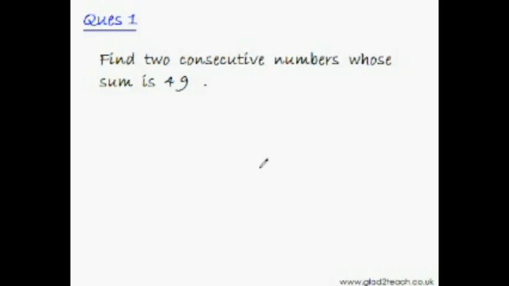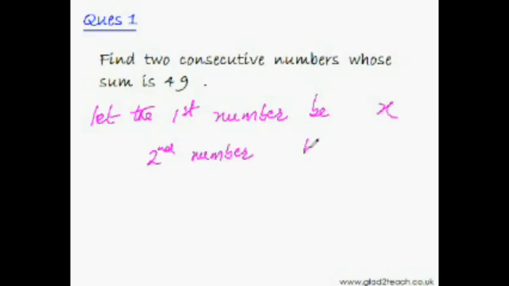The correct answer is 24, 25. So did you get it right? To solve any word problem, we always start by assigning the variable x. So let the first number be x. So this means that the second number would be x plus 1, isn't it?